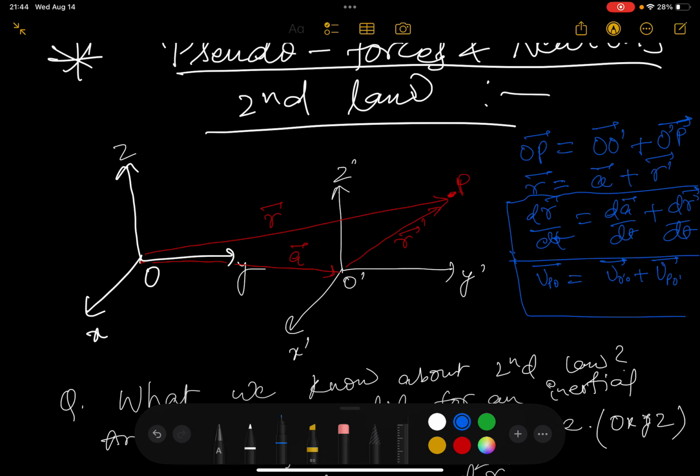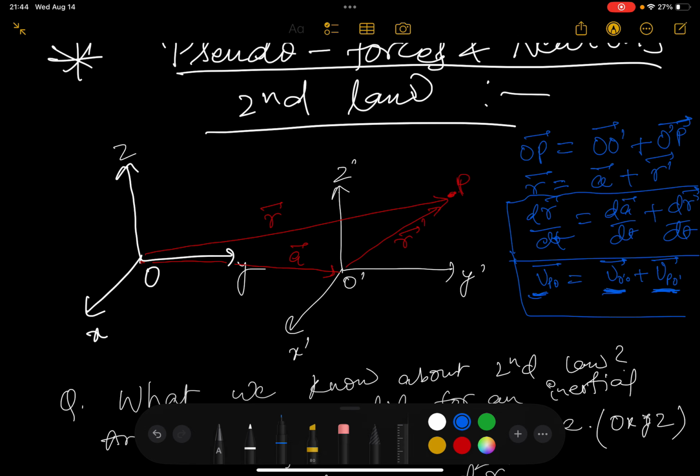What it tells us is that the velocity measured from an inertial frame of reference for the particle P will be the sum of the velocity vector of the non-inertial frame O dash x dash y dash z dash, and the velocity of the particle as observed from the non-inertial frame of reference O dash x dash y dash z dash.